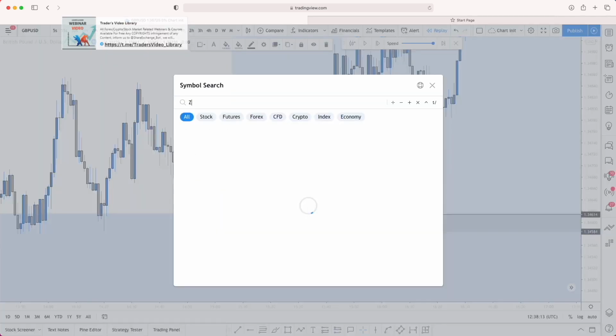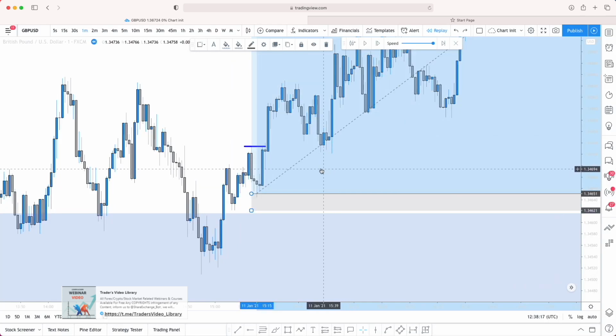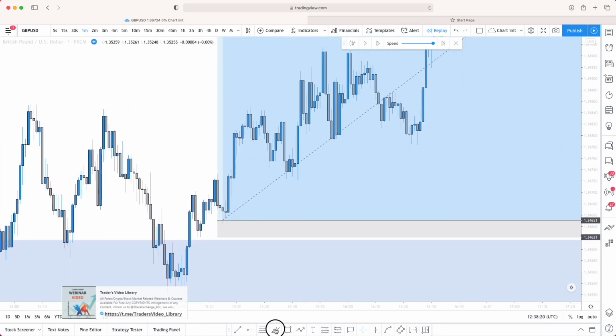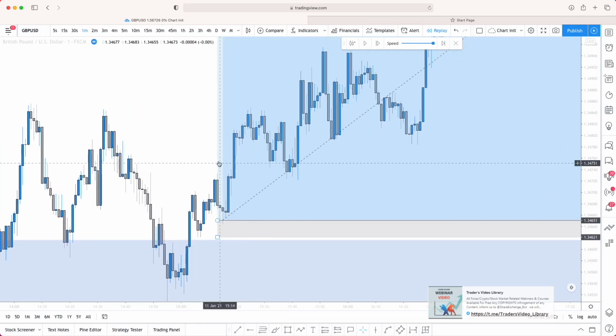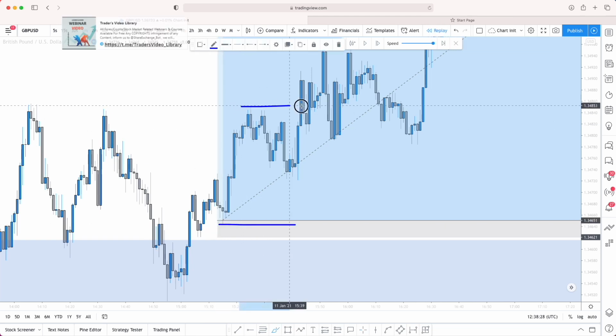If I show you that, for example, once you break structure, once you break this one, you've created a range from here, and you create a range from here. We need to wait for this range to be broken.